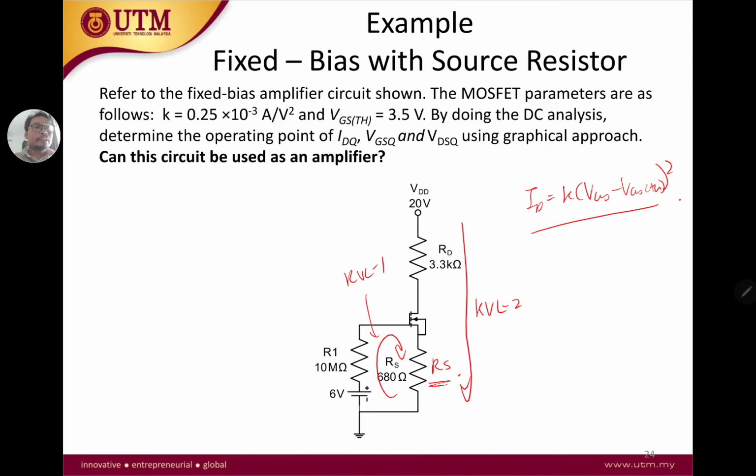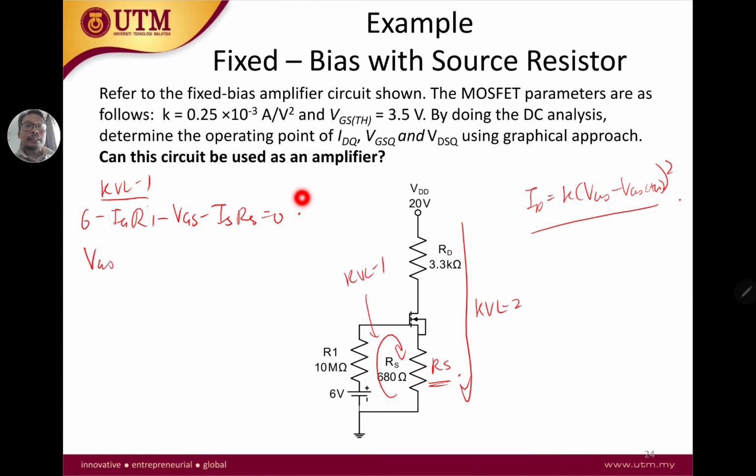So what is our loop here? For KVL1, it is 6 minus IG R1 minus VGS minus IS RS equals 0.